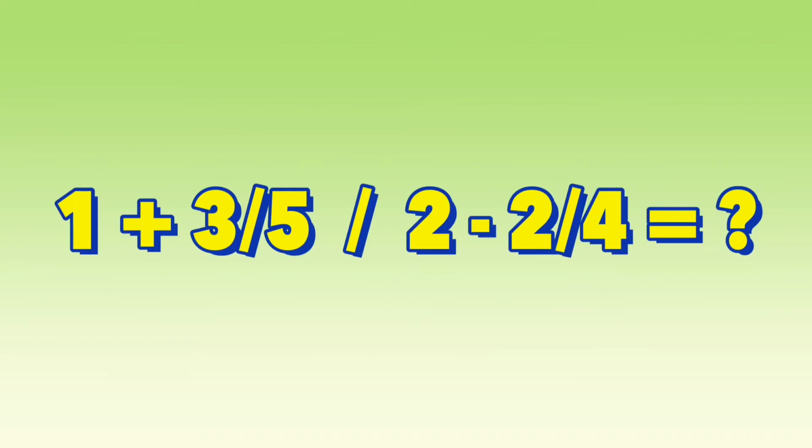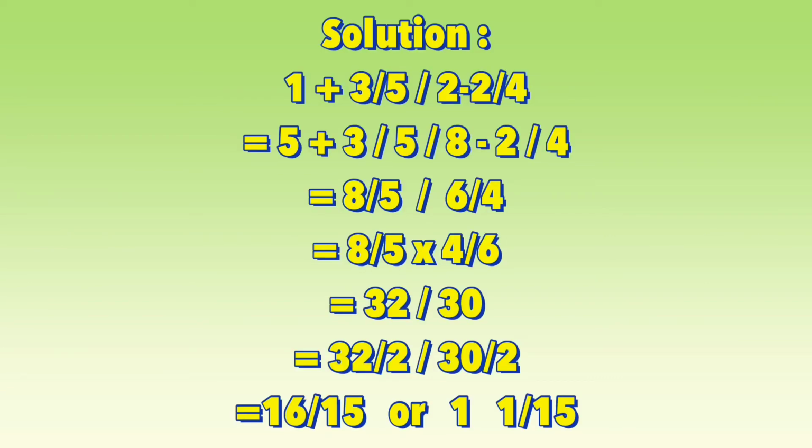Okay, next, number 3. The given complex fraction is 1 plus 3 over 5 divided by 2 minus 2 over 4. Our solution, we have to copy again, 1 plus 3 over 5 over 2 minus 2 over 4 equals. Since the numerator is very complicated, we are going to multiply 5 times 1 equals 5, then plus 3 over 5.